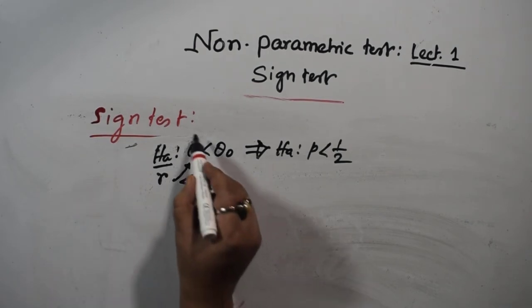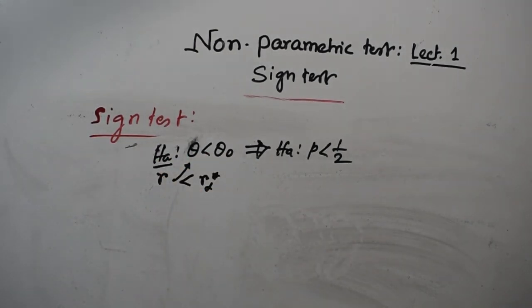So when you are interested in a left tail test, that is, your true median is less than theta naught, that implies more than half of the observations lie below theta naught.